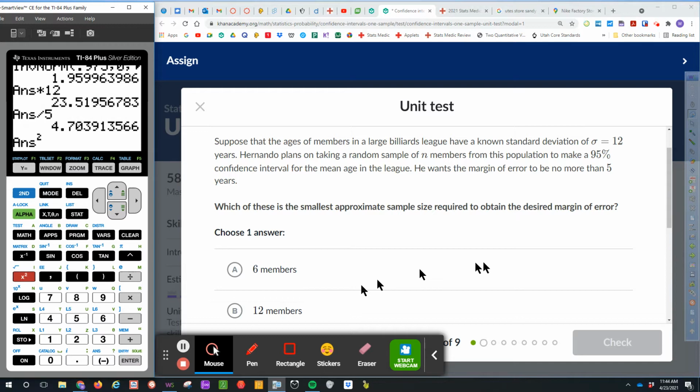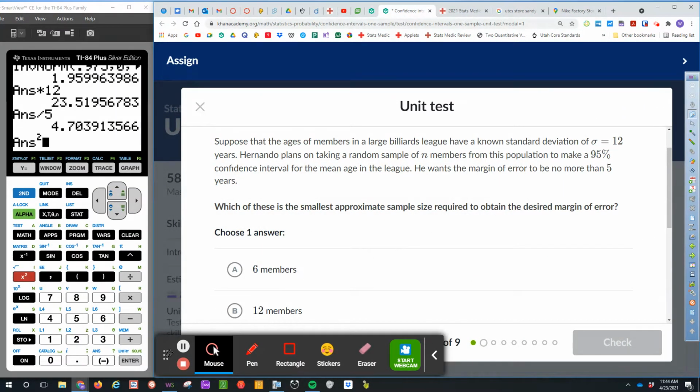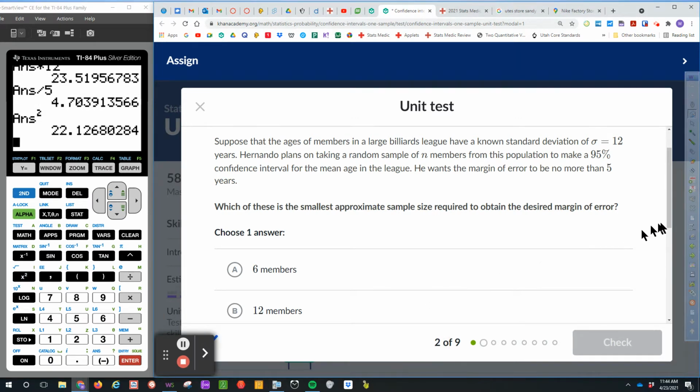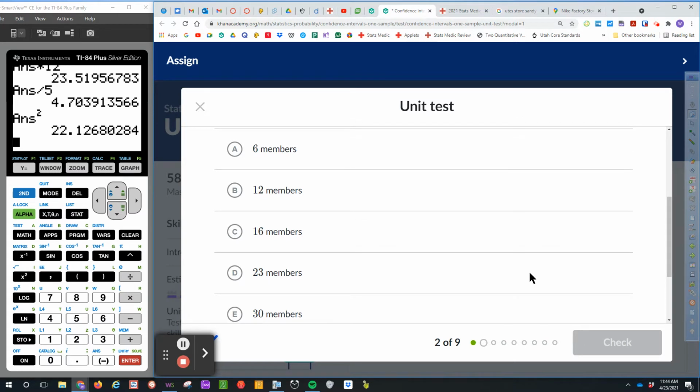Why square? Because of here. We need to square that number. Okay, so square, and it shows 22.13. You round up, because you cannot have 22.13 members, you need a whole number. So you round up to the nearest whole number, which is 23.